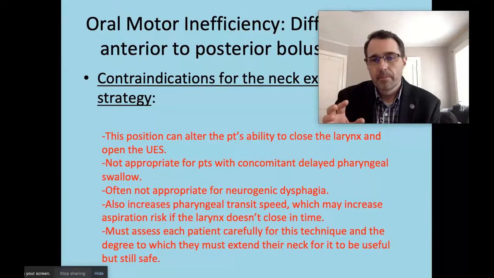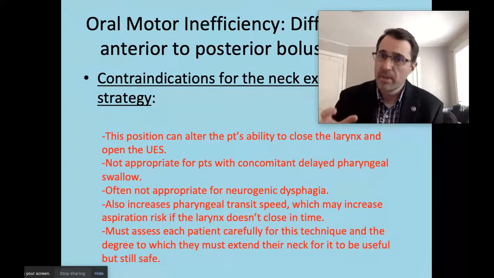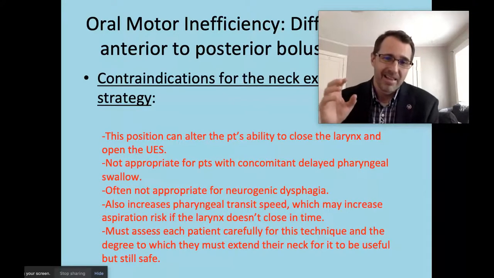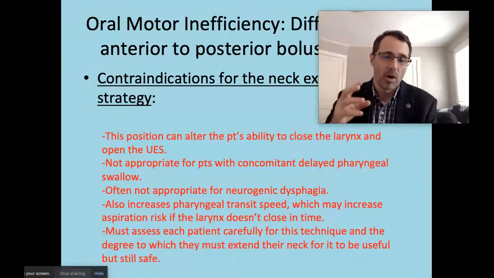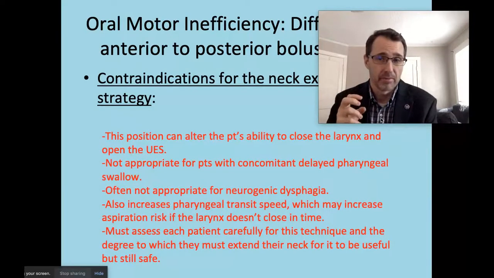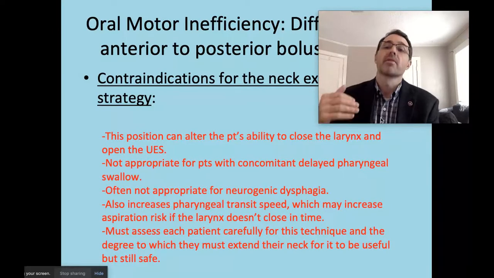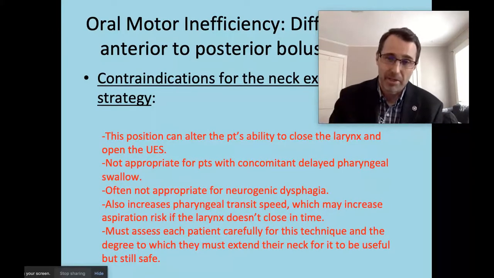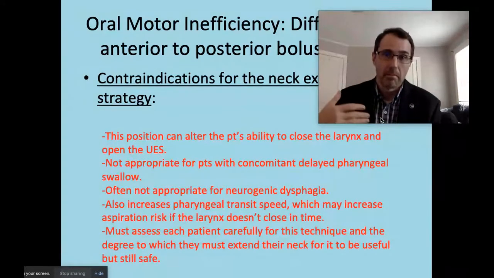Oftentimes, your stroke patients, your TBI patients, this is going to be contraindicated because they're going to have problems at the pharyngeal level. So if you have any pharyngeal level problems, especially like a delayed swallow, the last thing you want to be training that patient to do is to get the bolus in more quickly.